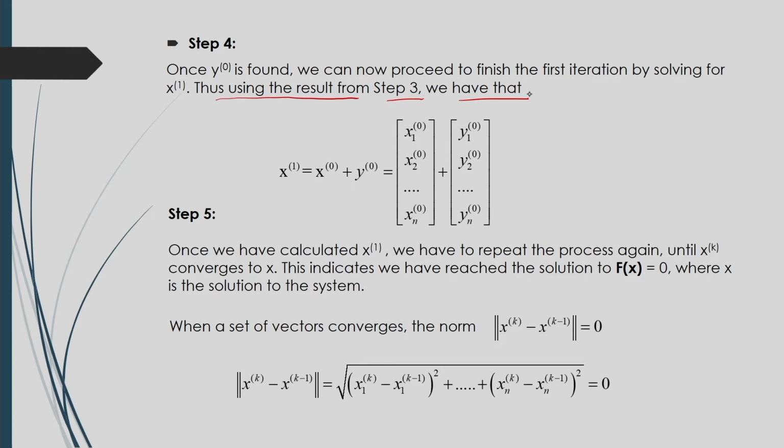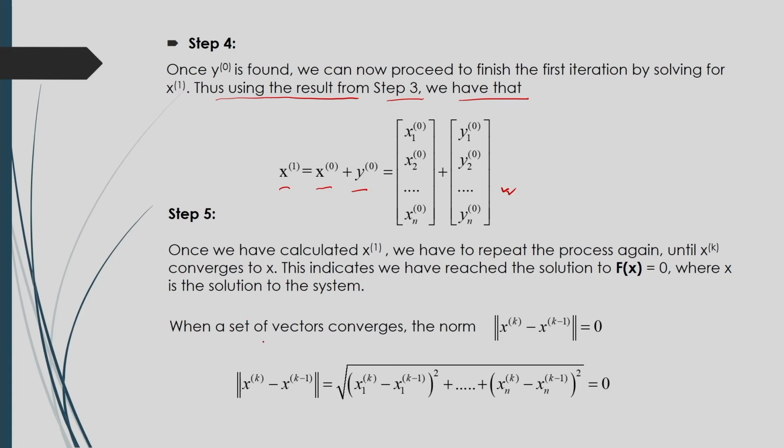Then x1 will be equal to x0 plus y0, where x0 is (x1^0, x2^0, up to xn^0) plus (y1^0, y2^0, up to yn^0), these two vectors. And once we have calculated x1 based on x0 and y0, we have to repeat the process again until xk converges to x, and this indicates we have reached the solution to f(x) = 0, where x is the solution to the system.